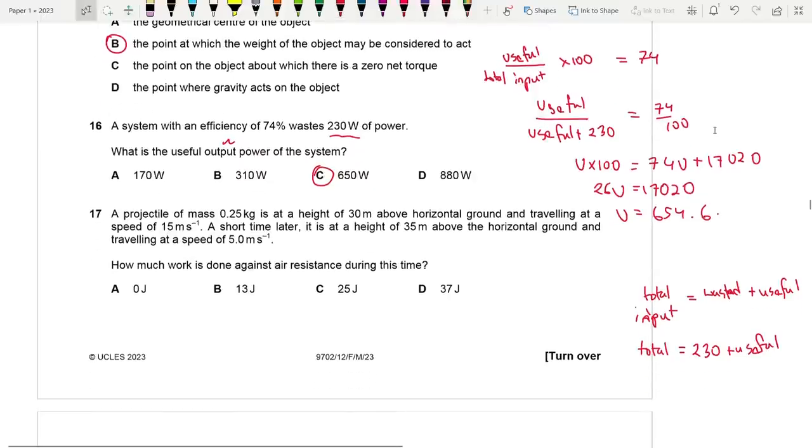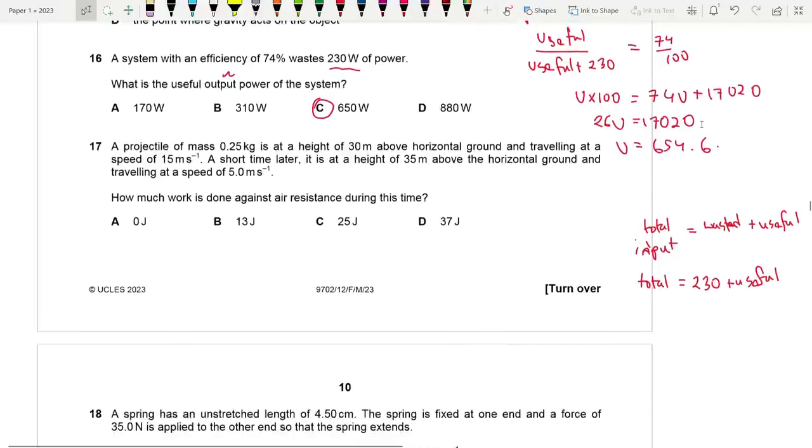For 17, let's read the question. A projectile of mass 0.25 kg is at a height of 30 meters above horizontal ground.